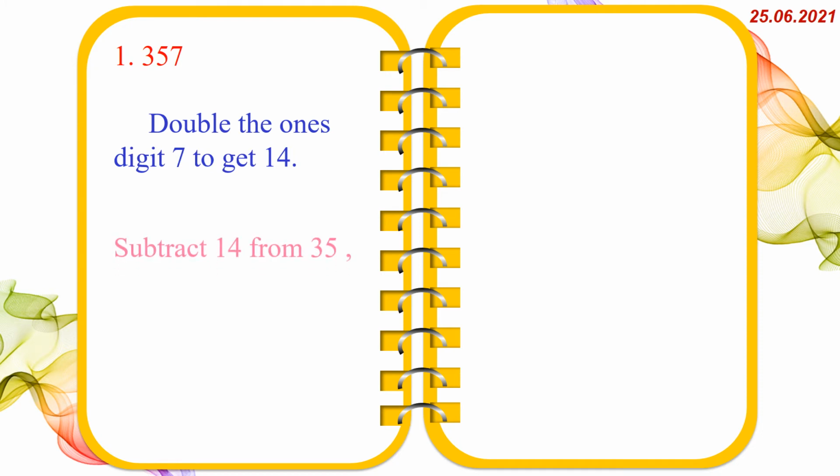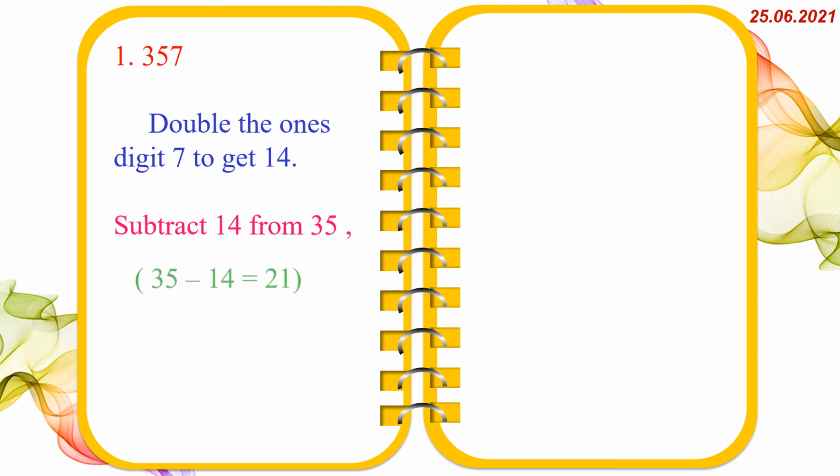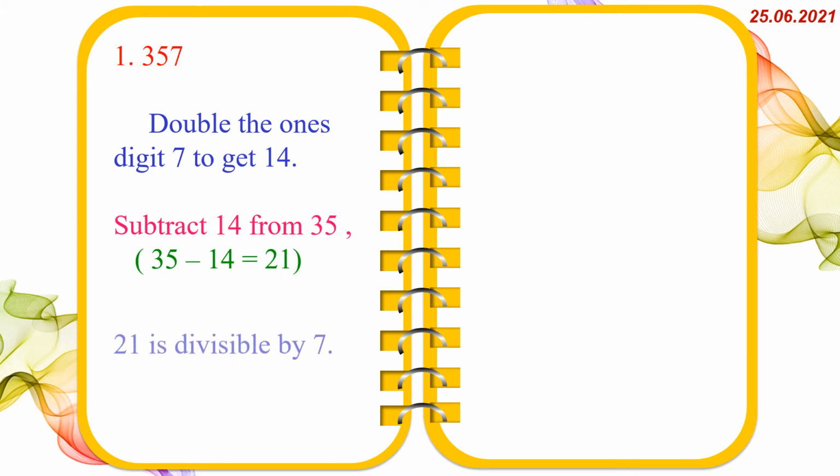Now, subtract 14 from 35. We get 21. That is, 35 minus 14 equal to 21. Here, 21 is divisible by 7. Hence, 357 is divisible by 7.